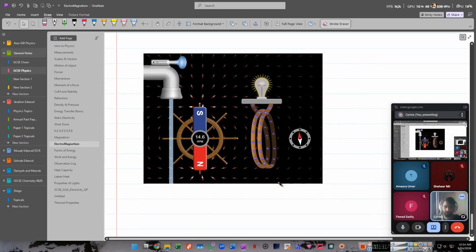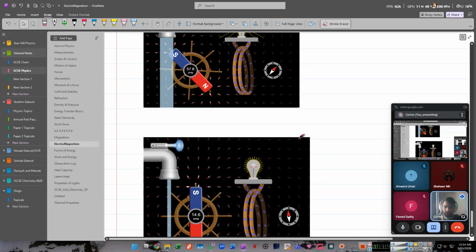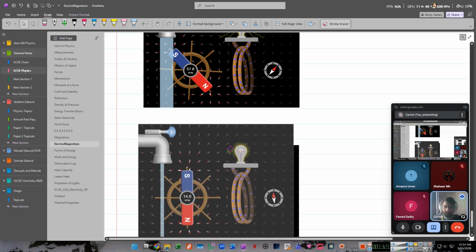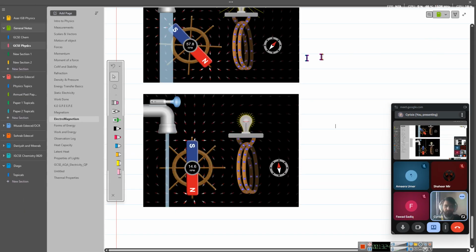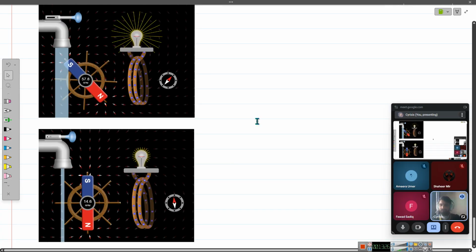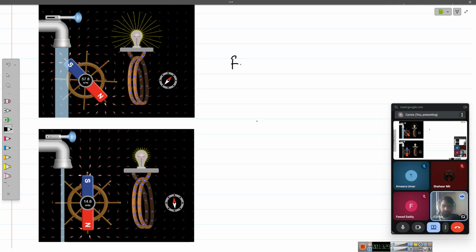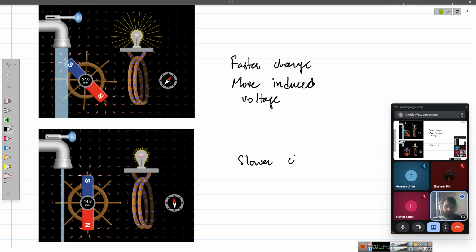So the greater the field change, or the faster the field change, this is the effect of the force that is being applied. So we can say faster flux change, or faster change, means more induced voltage, and slower change means less induced voltage, okay?